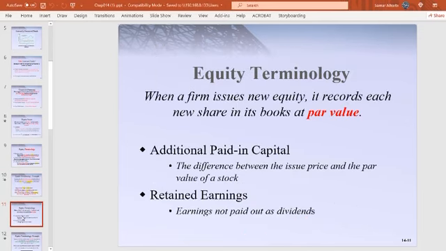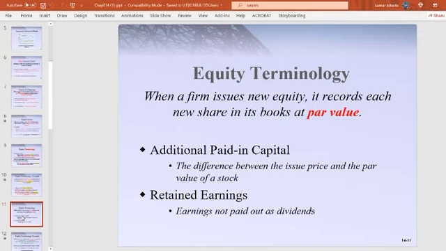Okay, we continue with equity terminology. Until now, we learned only three things: treasury stock, which is how much they repurchase, how many shares are in the market, and how much authorized capital the company has. Another term is additional paid-in capital. This is the difference between the issue price and par value. So there is something called par value for the stock and something called issue price, and any difference between them we call additional paid-in capital.